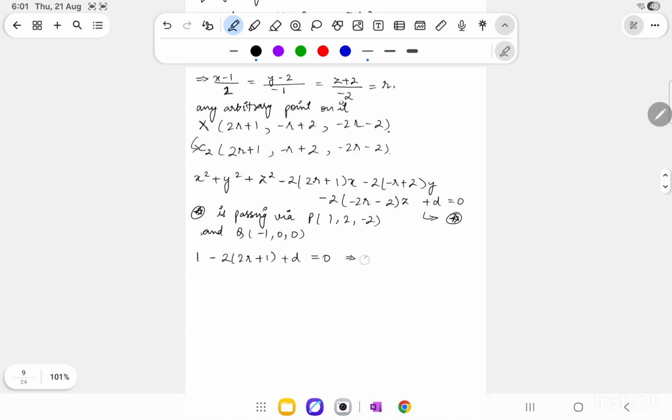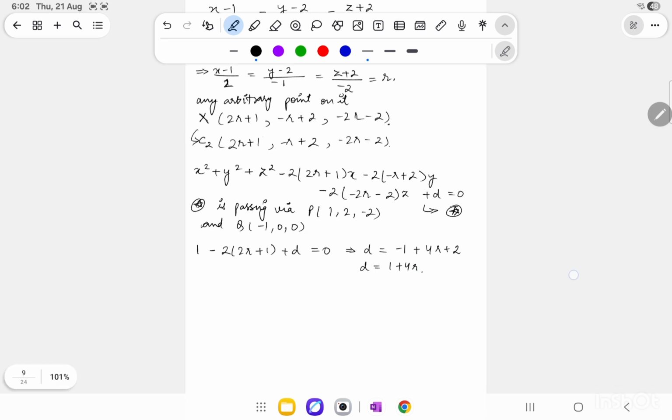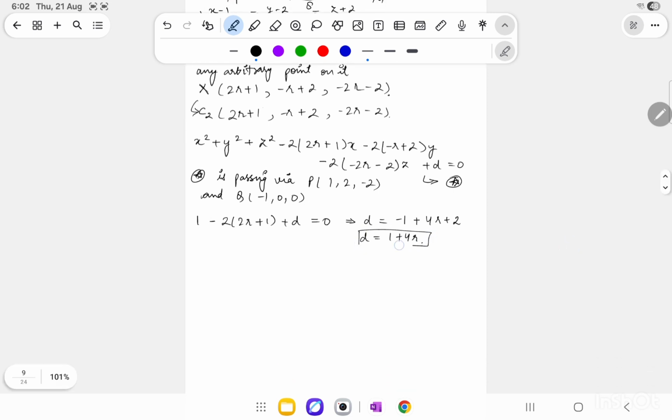From here I got my d as -1 + 4r + 2, so d is basically 1 + 4r.